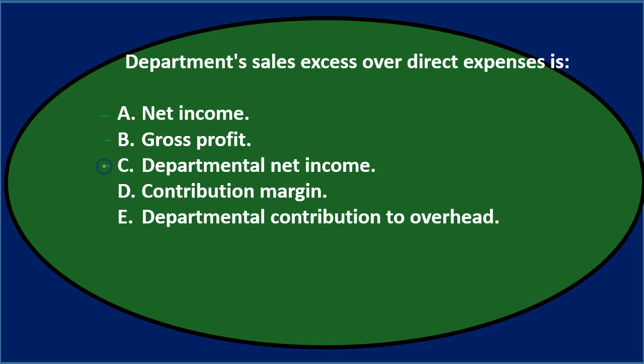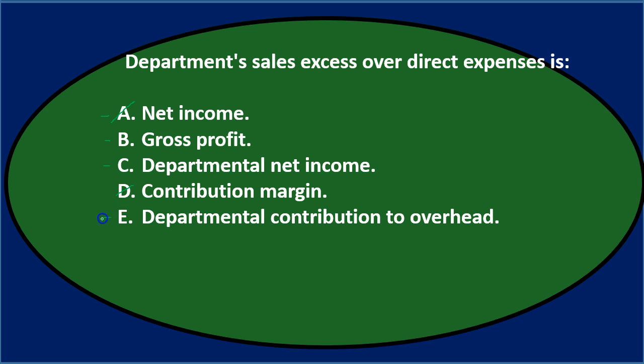So between A and C, C sounds like it would be more kind of normal. We might convert it maybe from net income to departmental net income, and maybe that would be the case. D says contribution margin, and this isn't really where we are calculating basically the contribution margin. That's in CVP analysis. And then E says the departmental contribution to overhead.